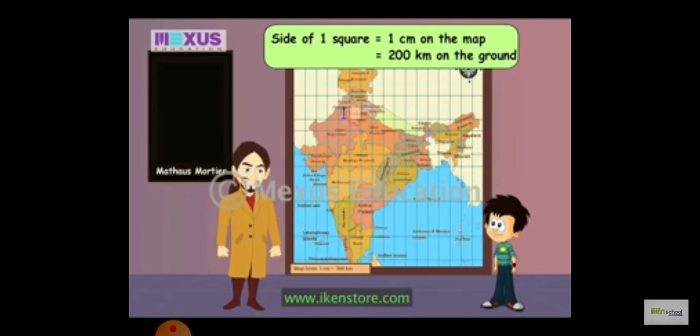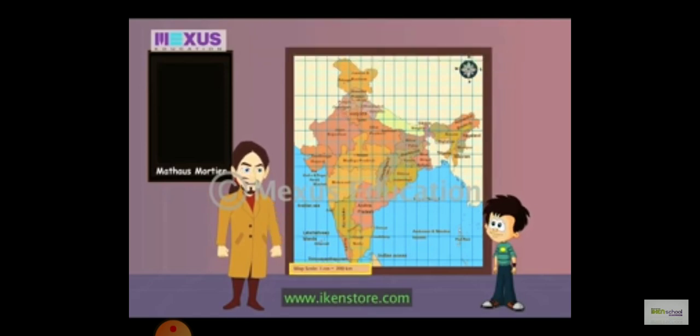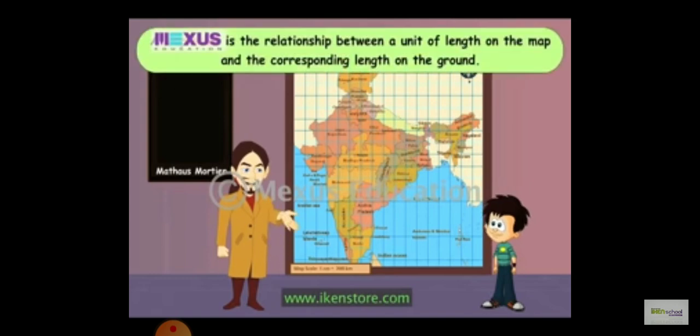Basically, the side of one square measures 1 centimeter on the map and 200 kilometers on the ground. Okay. We need the help of the map scale to find the distance between the two regions. In short, we can say that map scale is the relationship between a unit of length on the map and the corresponding length on the ground.